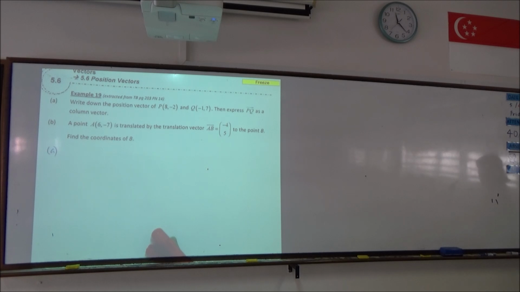Whenever you're given coordinates, you're always taking with reference to O.